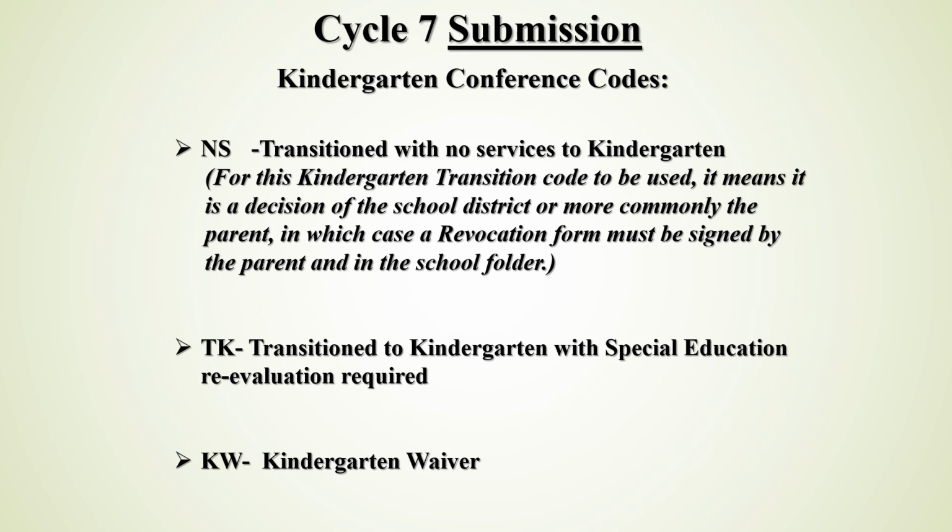In order for the child to have an exit code of KE, meaning they are kindergarten eligible, and also have a transition code of NS, the school district, or more likely the parents, have indicated they will not want to receive services at the school age level, in which case the parents must complete a revocation form that will be in the child's school age folder. If your determination is that the child no longer needs services, you must complete all required exit testing, and the exit code would be NS, not KE.